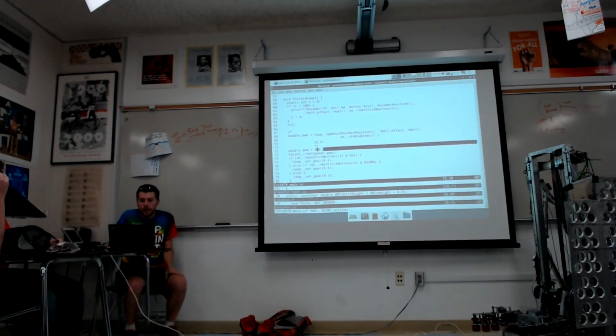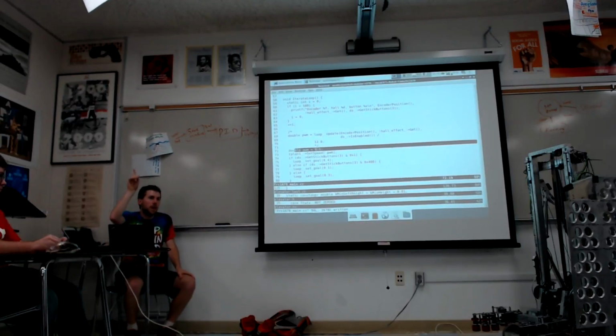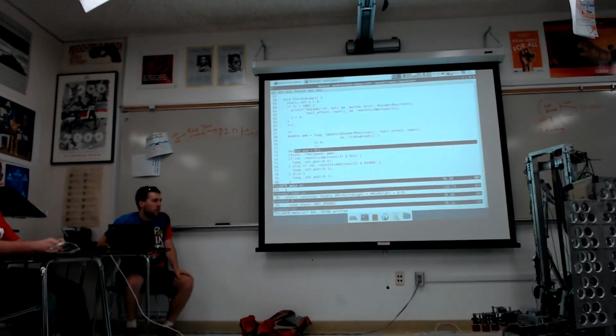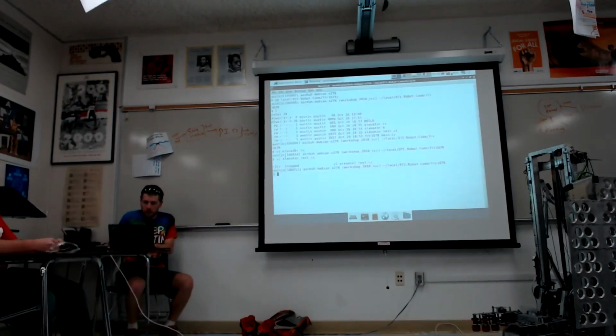So now we're just going to apply 0.1 power and we should see it go up if we got it right. This is a low enough power that if we stall it into a limit, we're not going to hurt the robot. Let's deploy that.